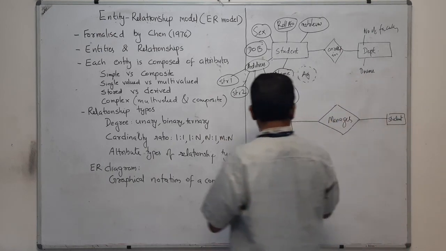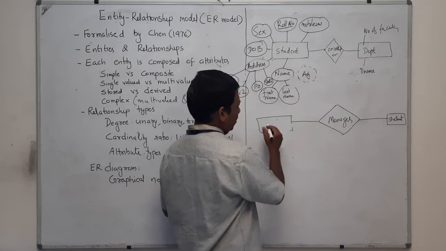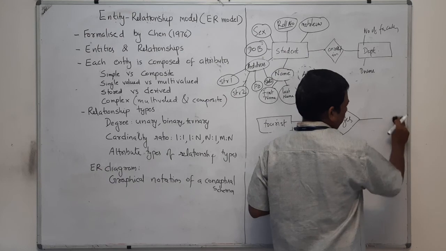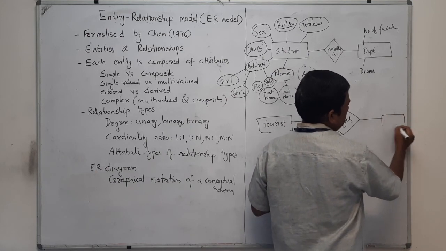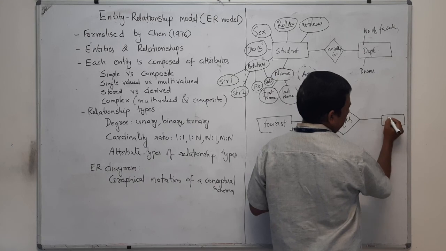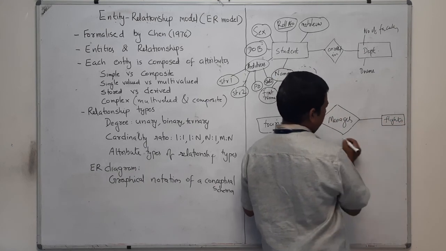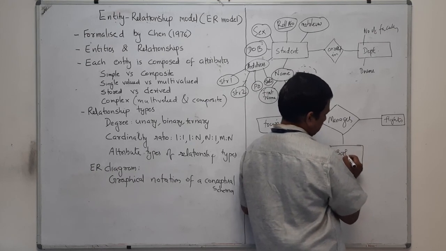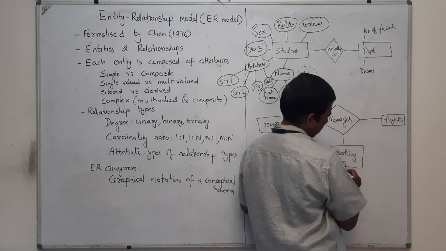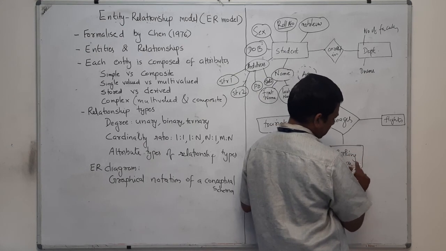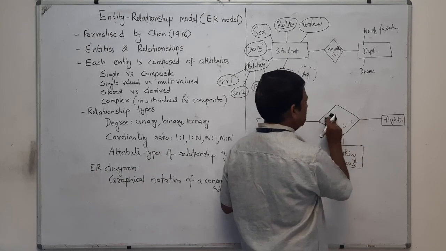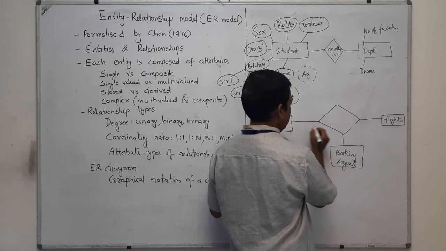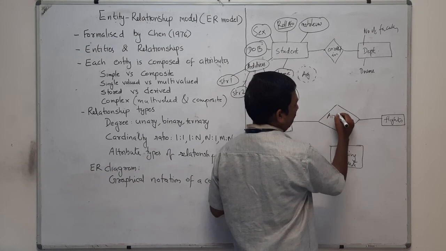Suppose that a tourist, and this is the flights database, and in between, this is the booking agent. And this relationship is air ticket booking.